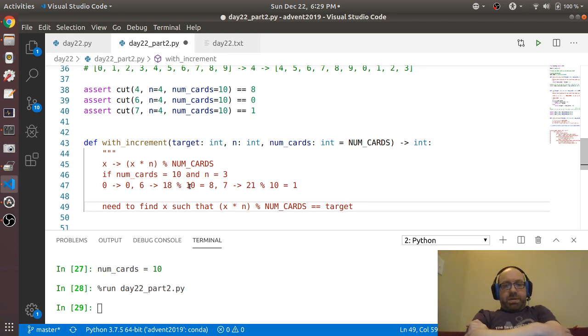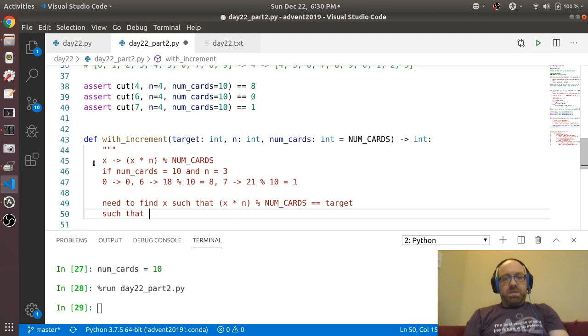Okay, and so I need to find the multiplicative inverse, or in other words, such that x times n equals target, mod num cards.